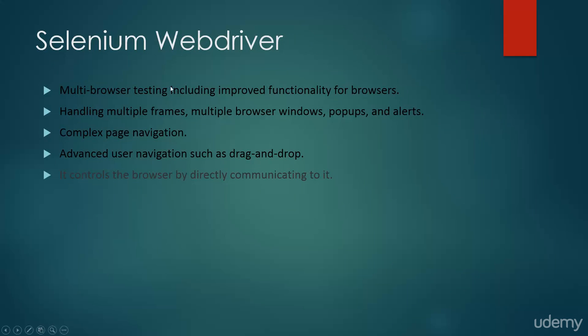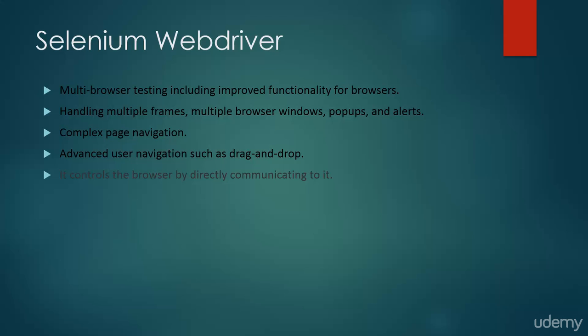So, what's beautiful about Selenium WebDriver is it does multiple browser testing, including improved functionalities for browsers. This is what RC didn't do, and RC was the best until WebDriver came along. You can handle multiple frames, multiple browser windows, pop-ups, and alerts.